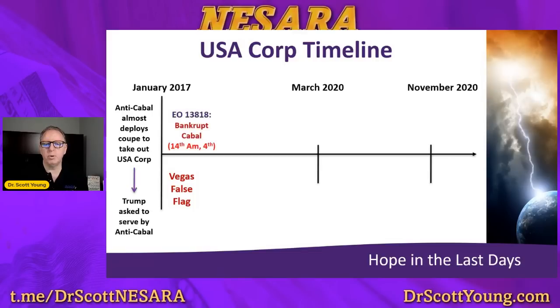So then he brings up the first of the bankruptcy event of the cabal. So we've got executive order 13818. You've heard me talk about this, and it brings up, see, we always have the 14th Amendment, which under the fourth section still brings in around 1871, that basic time frame.